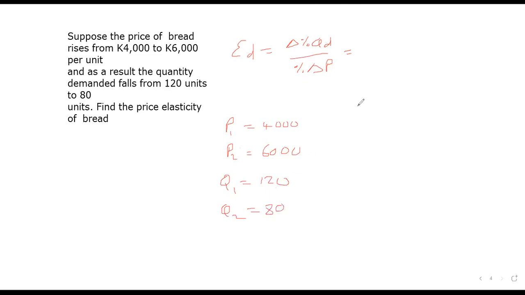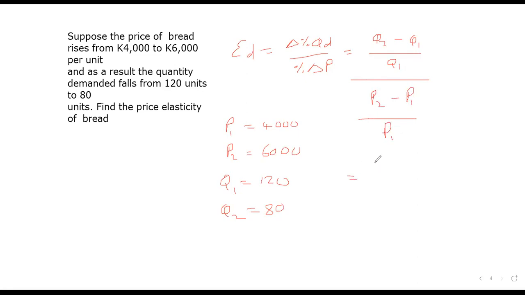Now we replace in the equation: Q2 minus Q1 over Q1, divided by P2 minus P1 over P1.